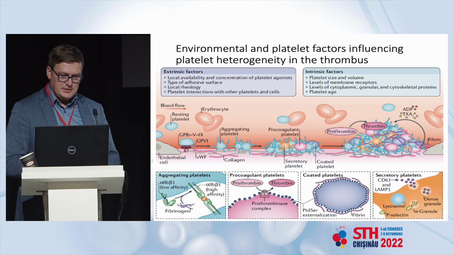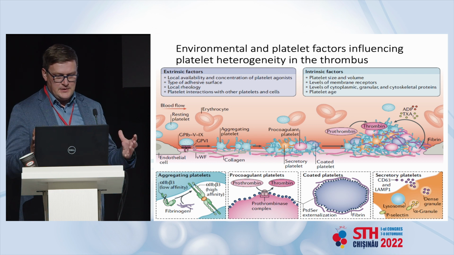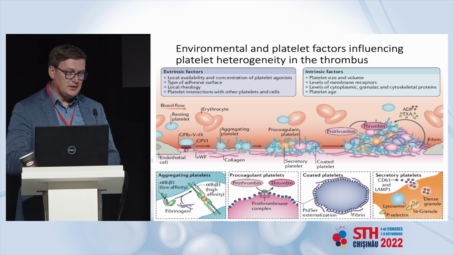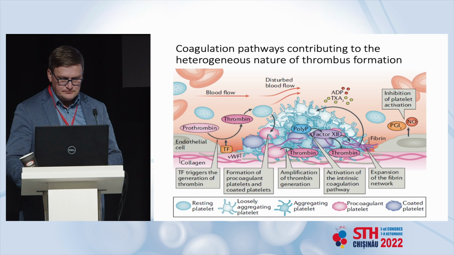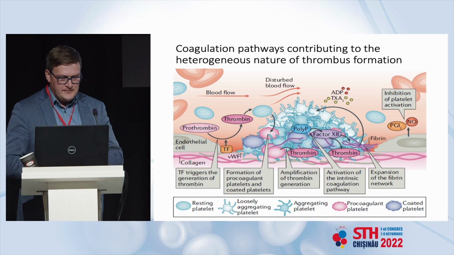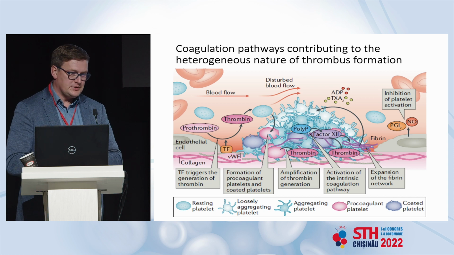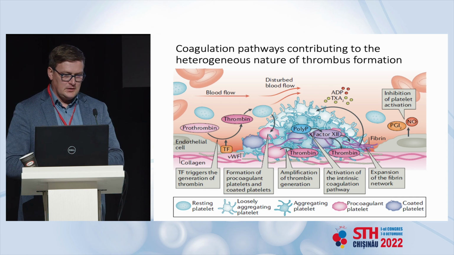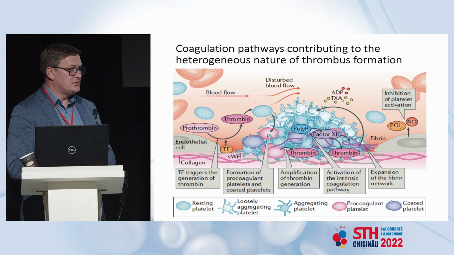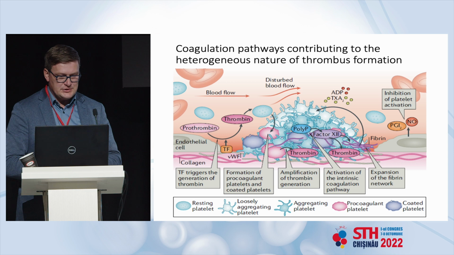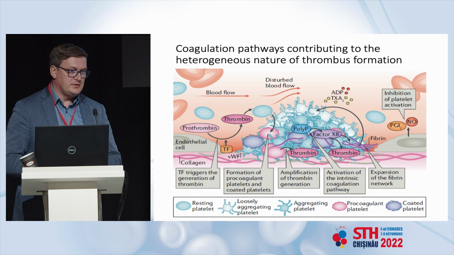Coated platelets save the clot from outside inhibitors like nitric oxide and prostaglandin. And there is a really nice cooperation of secondary hemostasis and coagulation pathways, which were pictured in the last presentation, together in the platelet thrombus.